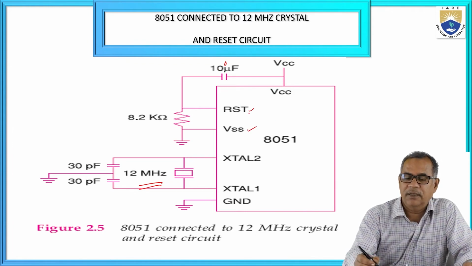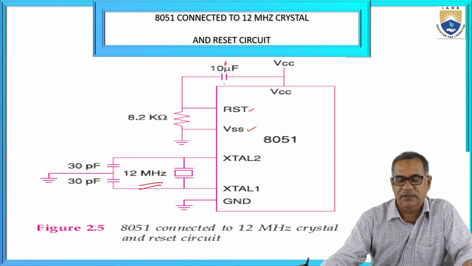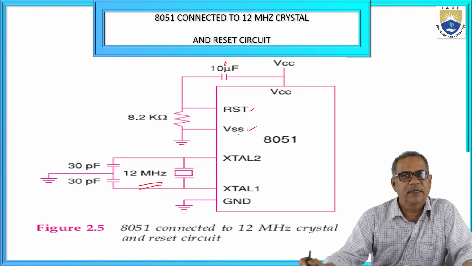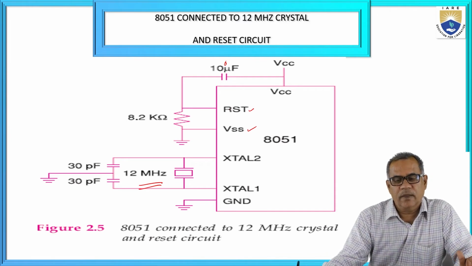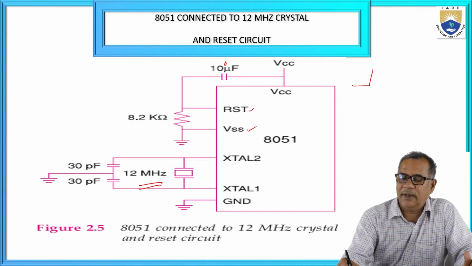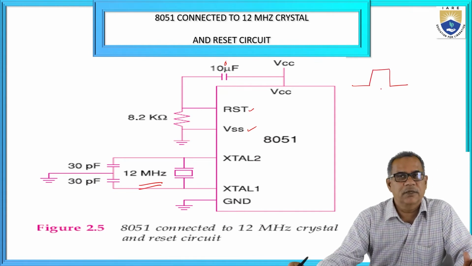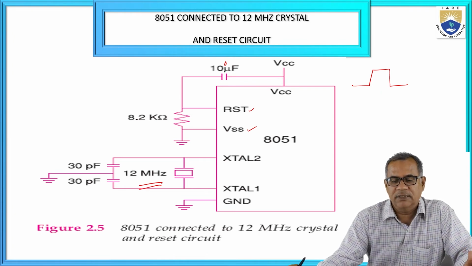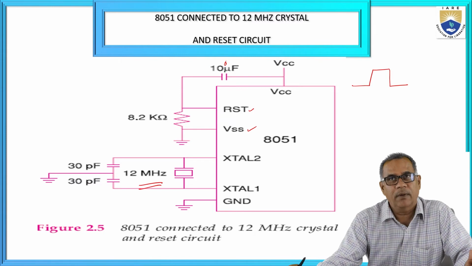Slowly the capacitor gets charged, and when it is charged, the voltage across RST and VSS becomes 0. So a pulse is applied like this, and the 8051 microcontroller gets reset. This is the circuit for power on reset.